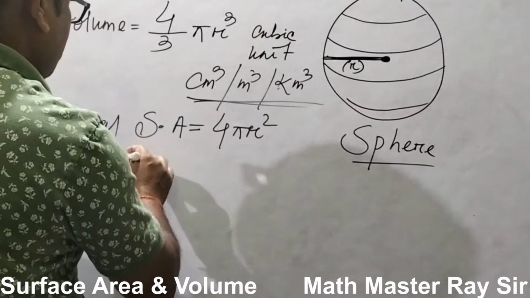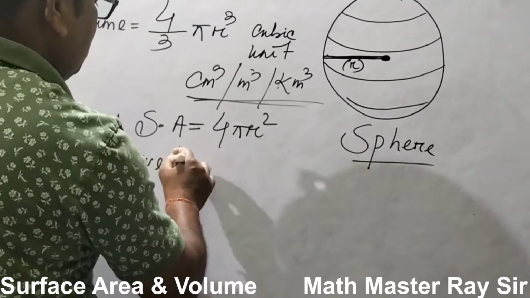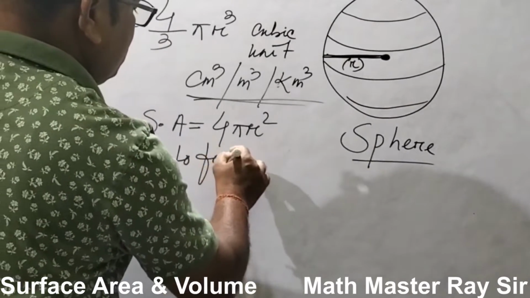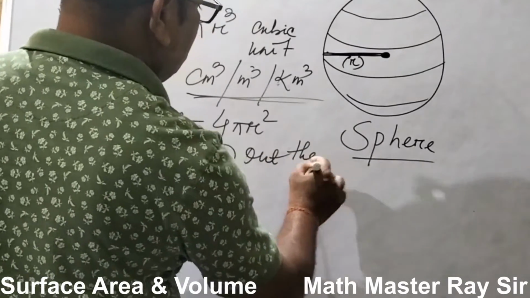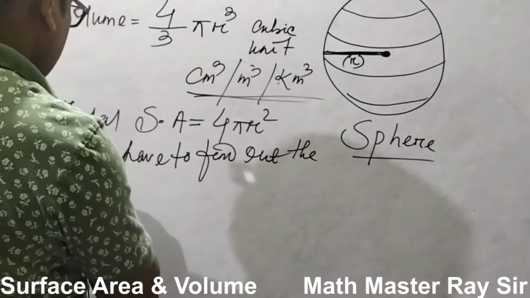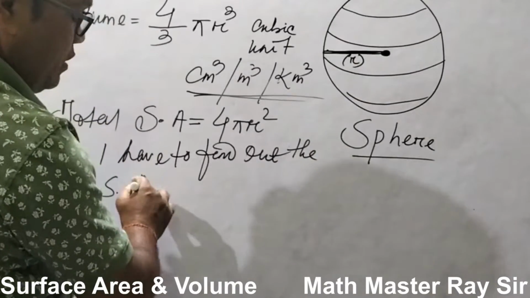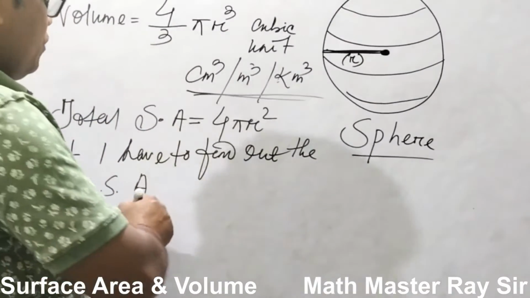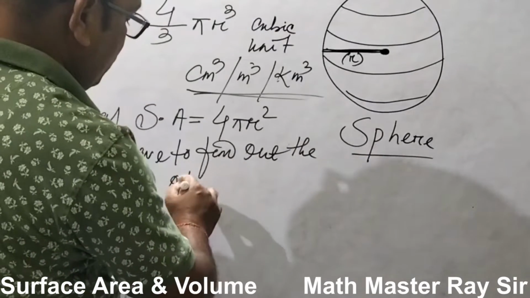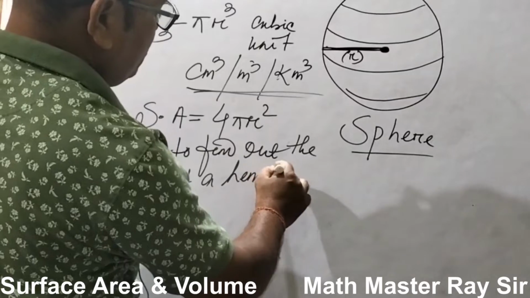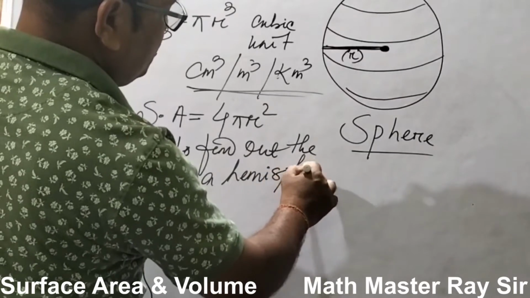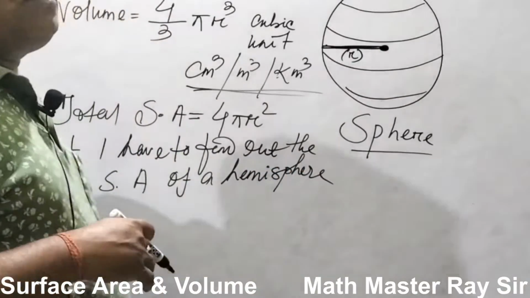Now, if I have to find out the total surface area of a hemisphere, then it will be the other thing.